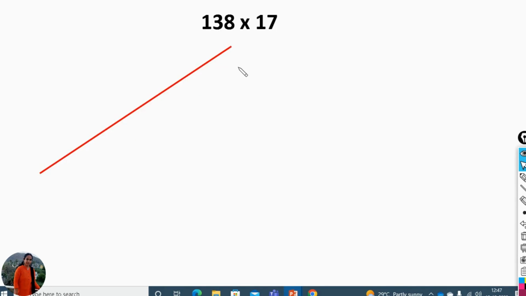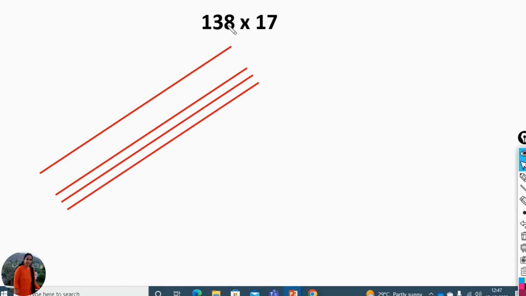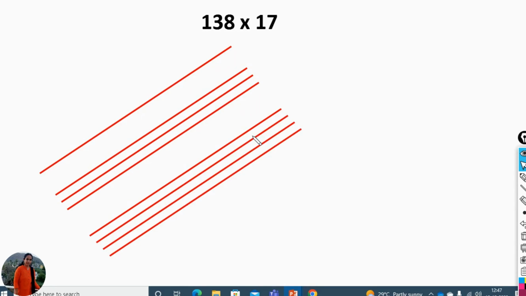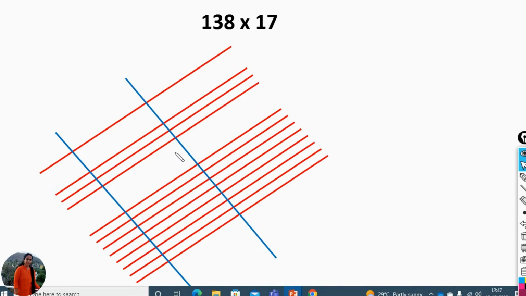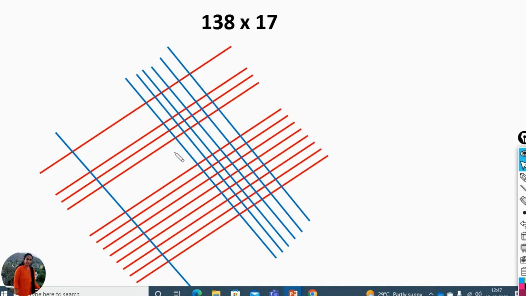Next number is 3, 3 lines. For 8, 8 lines, leaving some gap. 1, 2, 3, 4, 5, 6, 7, 8. So for 17, I draw lines in this direction. 1, for 7, 1, 2, 3, 4, 5, 6, 7.